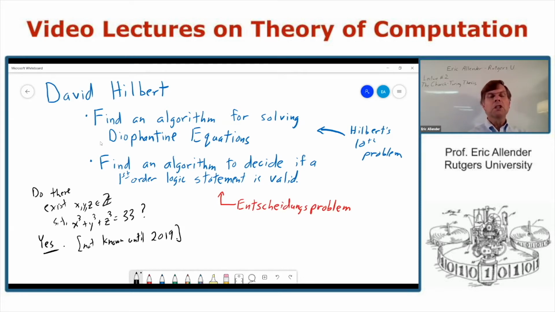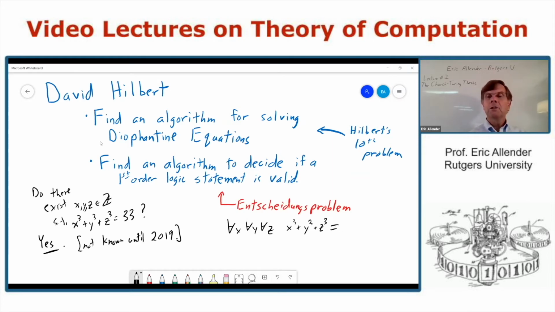Let's say that the answer was no. Would there be a proof that the answer was no? In other words, could there be a proof of the statement: for all x, for all y, for all z, x cubed plus y cubed plus z cubed is not equal to 33? Well, of course, since they do exist, there can't be a proof of that.